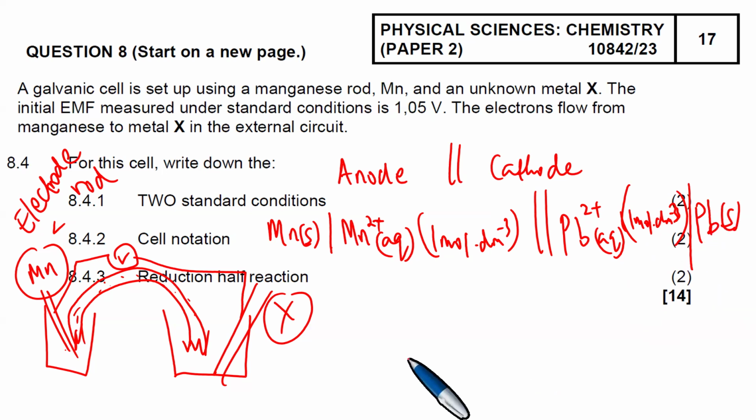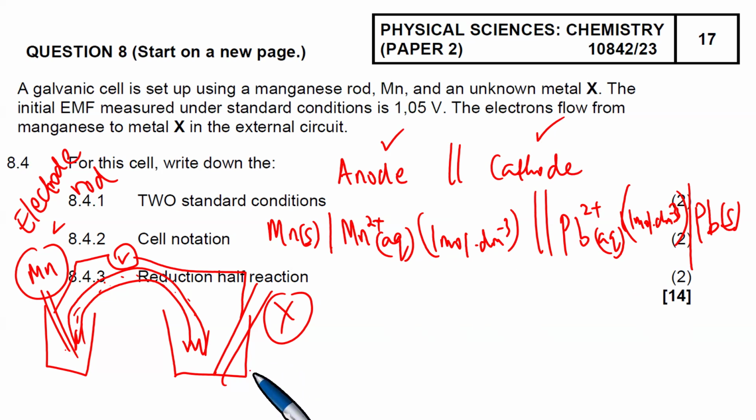So when you write these particular solutions, you put the standard concentration, 1 mole per cubic decimeter. You put the manganese as a solid, and you also put the lead as a solid. Your anode is put on the left and your cathode is put on the right. These are the kinds of things you need to take note of.